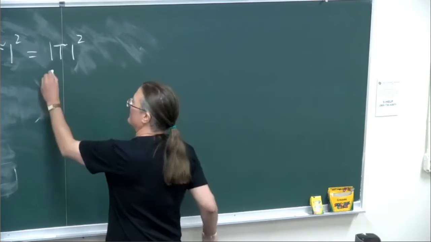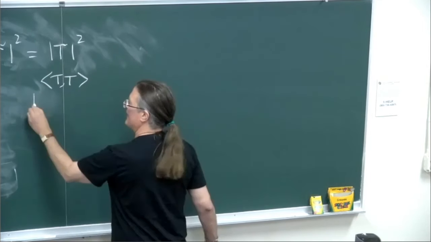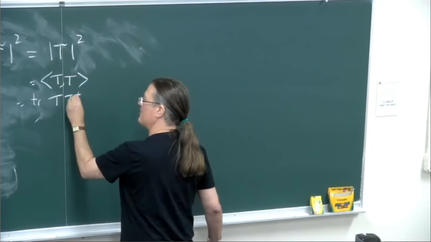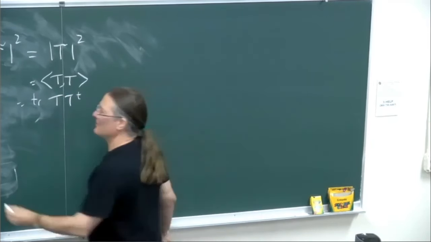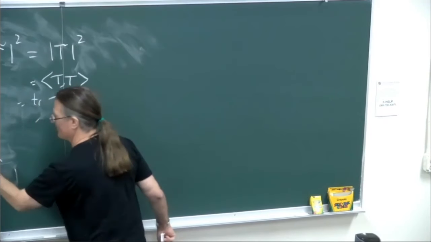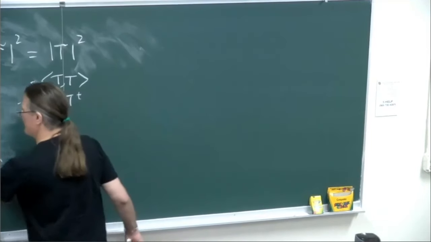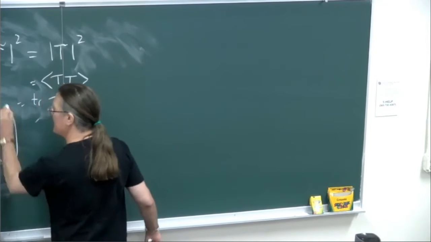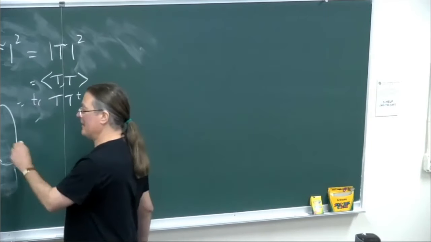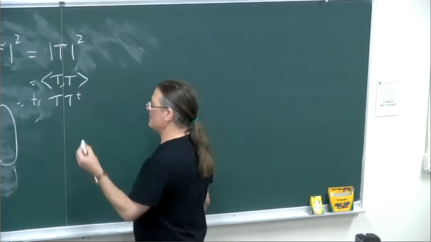This is the inner product of t with itself, and that's the trace of t times its transpose. And that means I take this diagram and put it on top of its transpose, which is its mirror image, and then loop everything around. And you can see I have 3 loops here, and each one corresponds to an index which can range from 1 to n. So this is n cubed.